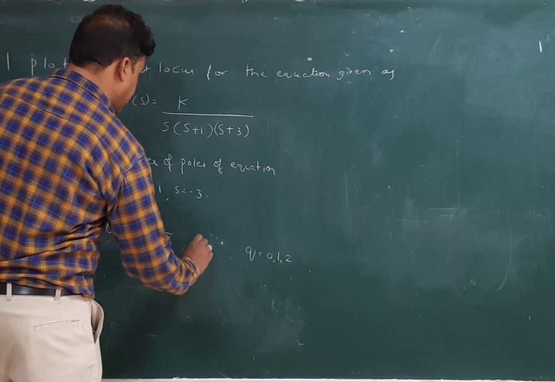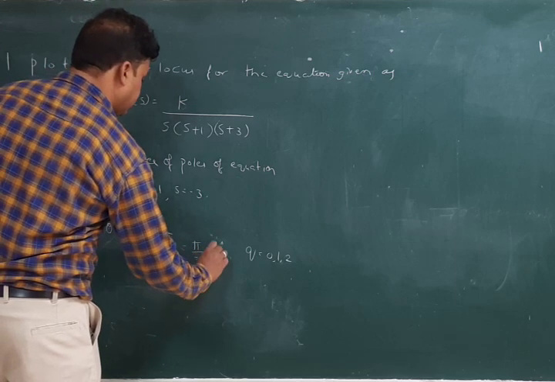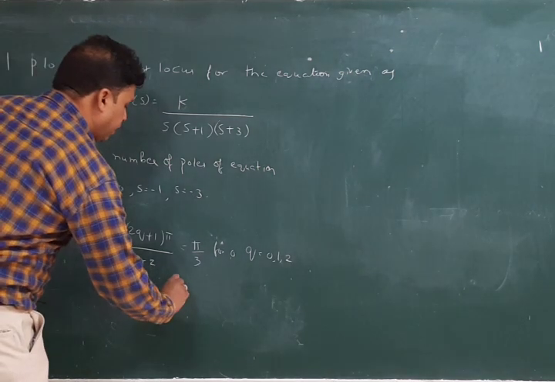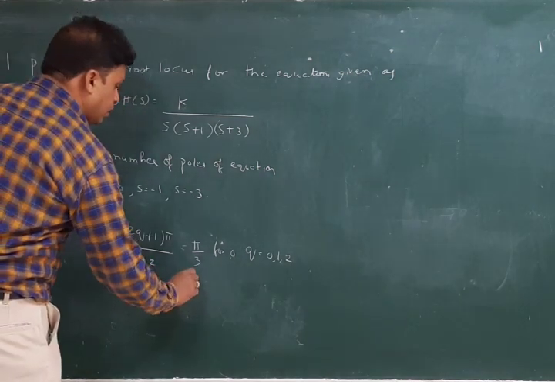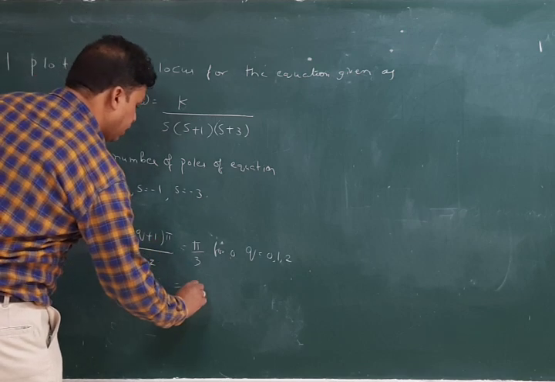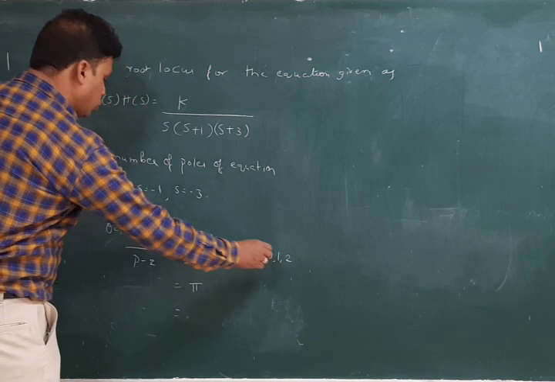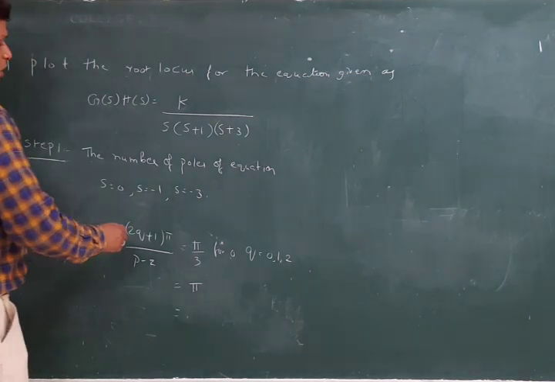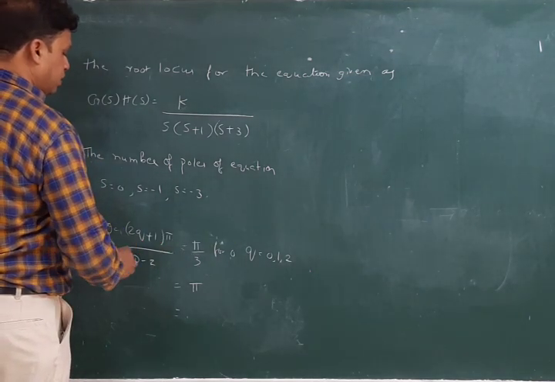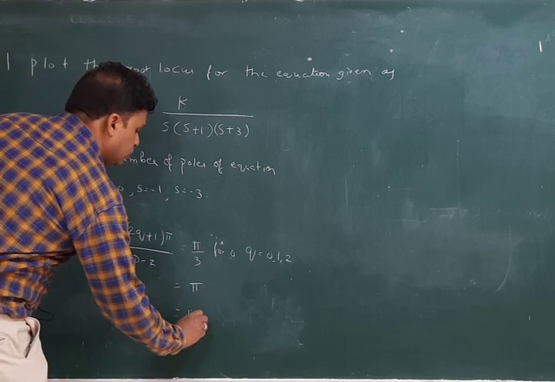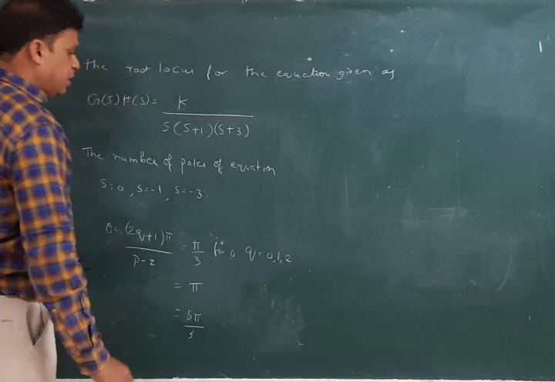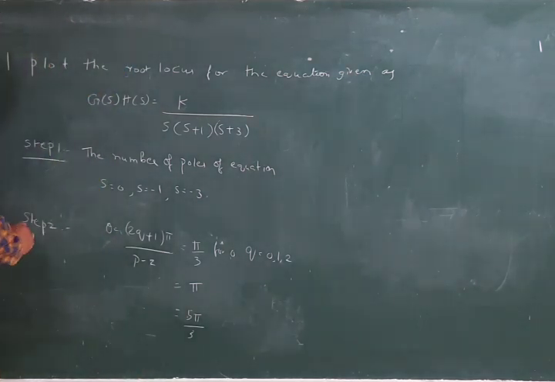The first one is pi by 3 for q equals 0, and next for q equals 1, 2q plus 1 is 3, so 3 pi by 3, that is pi, and for q equals 2, 2 into 2 is 4, plus 1 is 5, so 5 pi by 3. Here pi is nothing but 180 degrees and 5 pi by 3 is 300 degrees. So, we got the asymptotic angles, this is step 2.